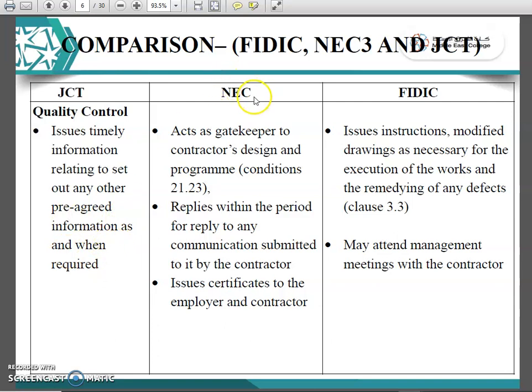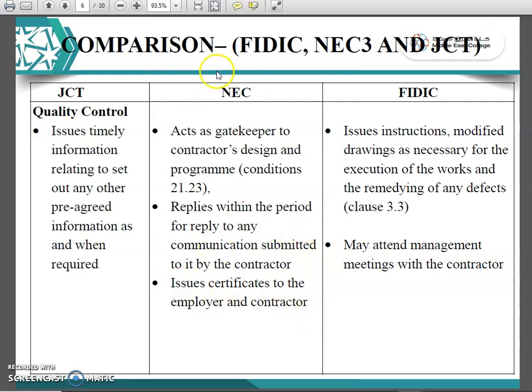In NEC, quality control acts as a gatekeeper to the contractor's design and program. It may reply within one period, the period for a reply to any communication submitted to it by the contractor, and issue certificates to the employer and contractor.